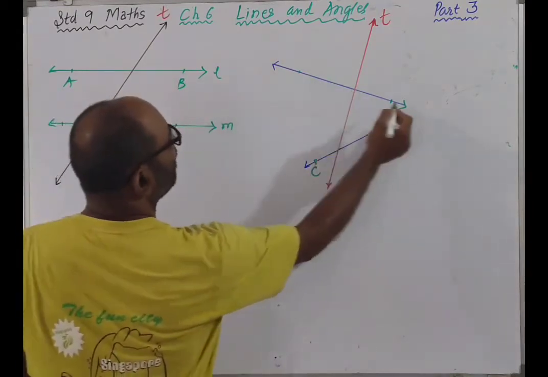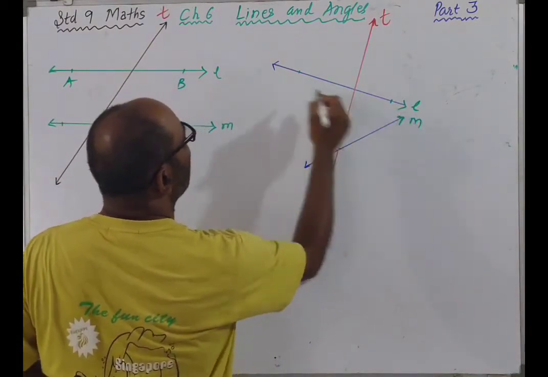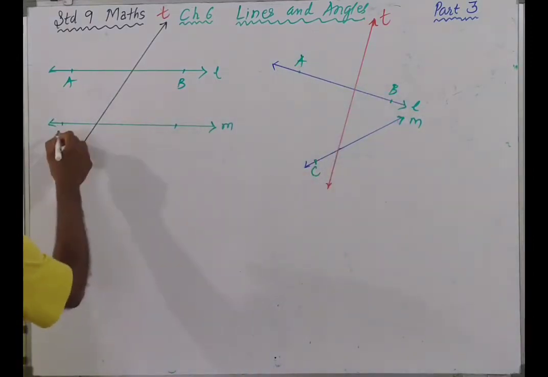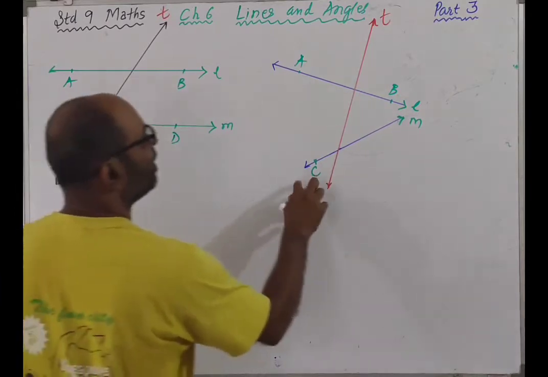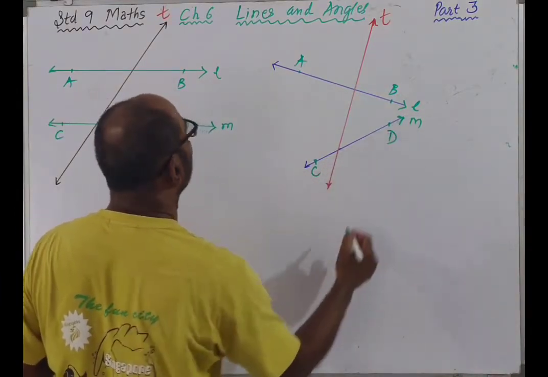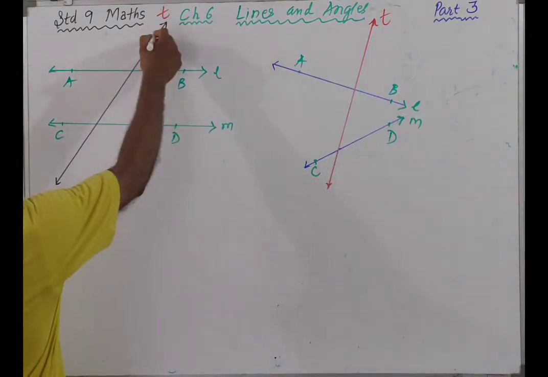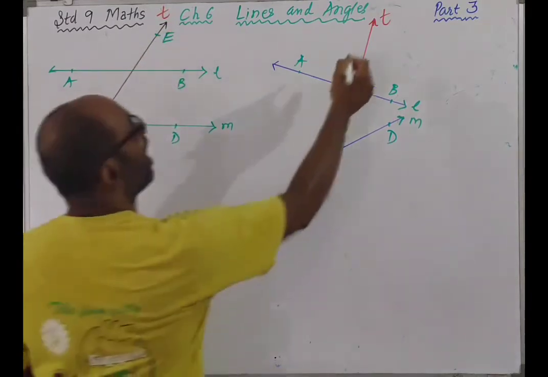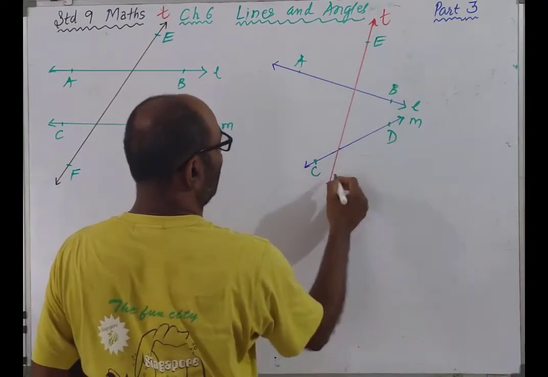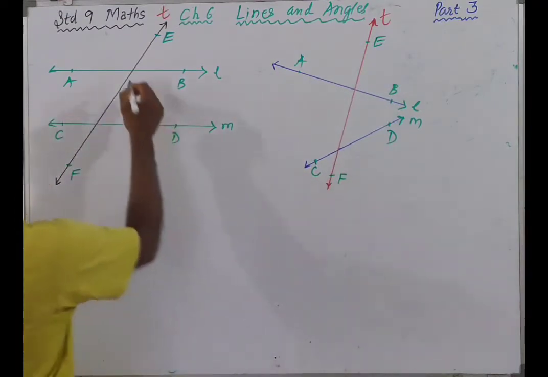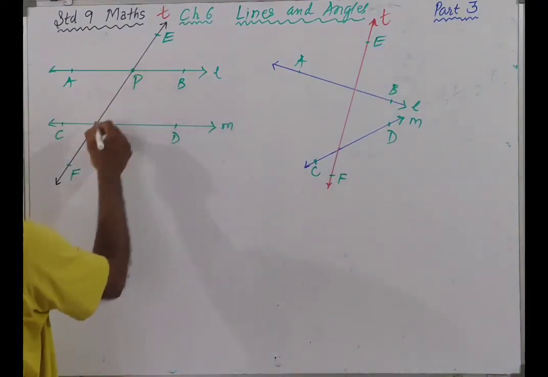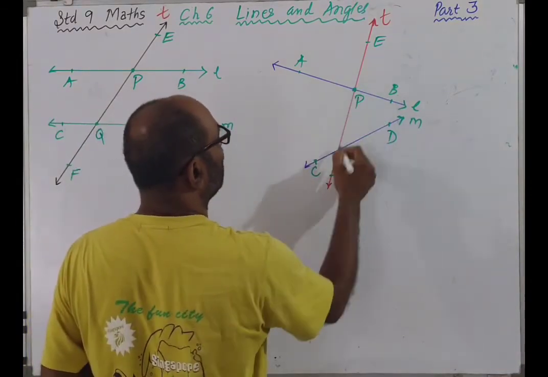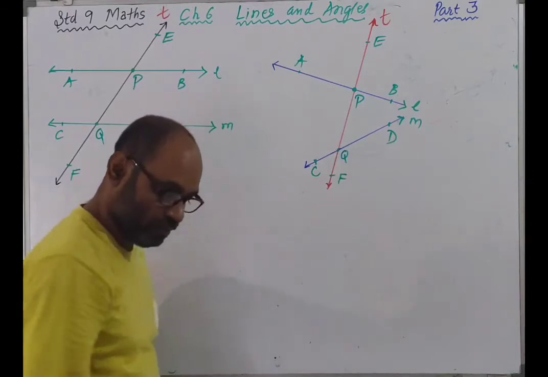In both cases, this is line L and this is M. This is A, this point is B. Line M as CD, C and this is D. Alright. Line T as EF. And they intersect at points P and Q. Here also they intersect at points P and Q.